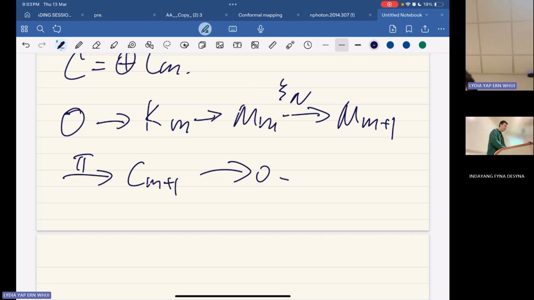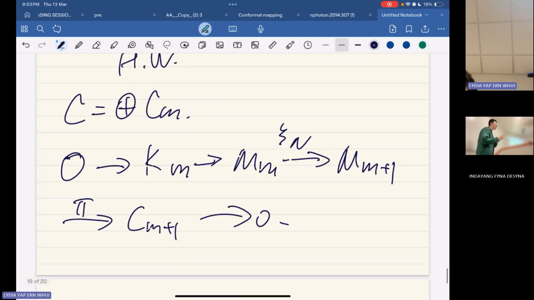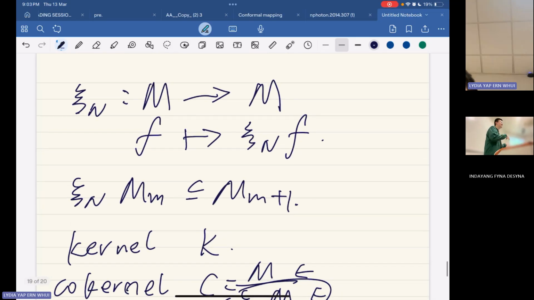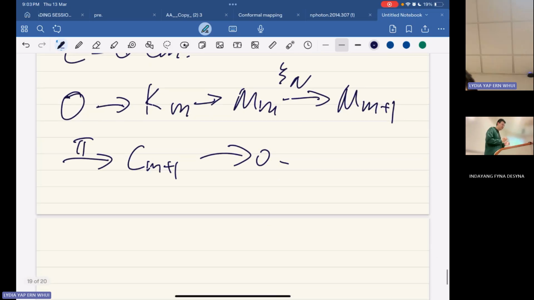If we want to send 0 to K_m, we just send it to 0 for it to be a homomorphism. And we see that K_m is a subset of M_m, right? So we can just send everything in itself to itself. It's also a map, right? And how do we send M_m to M_(m+1)? It's by Xi_n, which we just defined, right? We multiply everything by Xi_n.